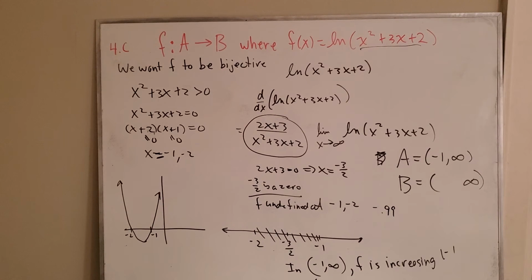So I'm going to say negative 0.99 squared, minus 3 times 0.99, plus 2. That gives me 0.0101.